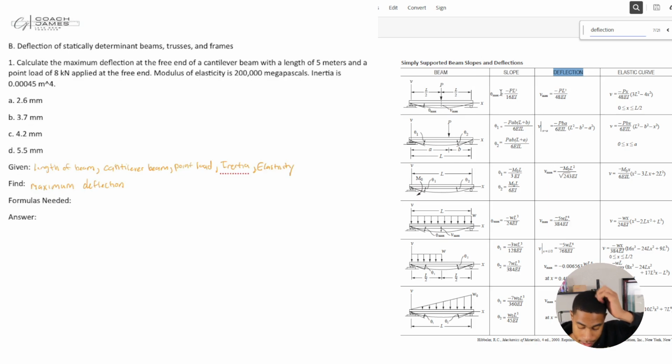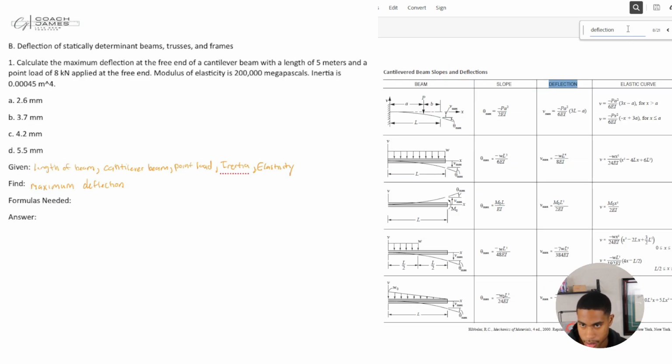This is all information that's given to you, all diagrams that's given to you. As you're zooming through, I see something dealing with deflection and deflection max, right? But this says simply supported beams, slopes, and deflections. So I don't think I'm looking for simply supported. I'm looking for a cantilevered beam, right?